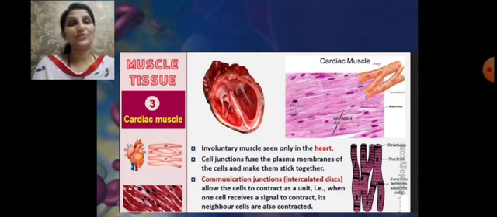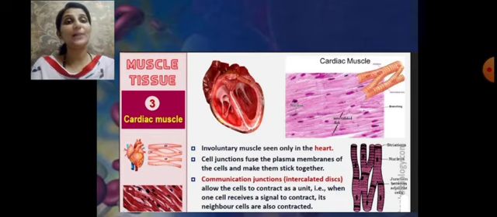In addition to these cell junctions, there are communication junctions called intercalated discs. We can see intercalated discs present in between the long and branched muscle fibers. And these communication junctions allow the cells to contract as a unit.